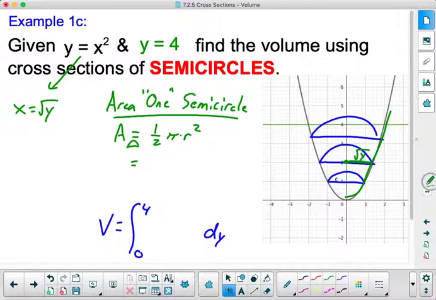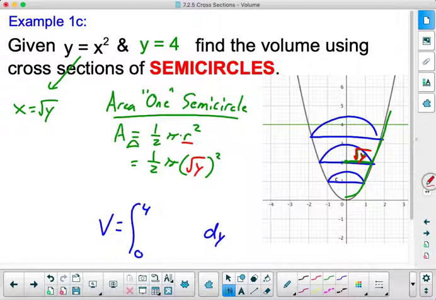My radius, which is what I was trying to draw right here, is really just the square root of y. So we're going to have 1/2 pi times what squared? It's going to be the square root of y, quantity squared.